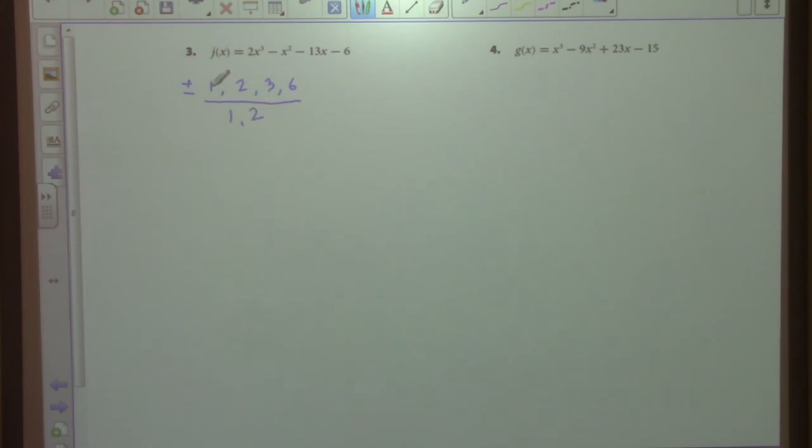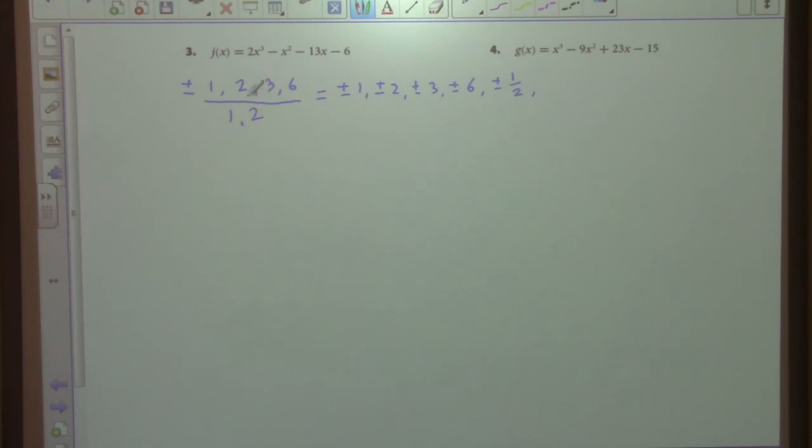So you get plus or minus 1, plus or minus 2, plus or minus 3, and plus or minus 6. Where do other potential factors come from? Division. Yeah, 1 over 2. So you can get plus or minus 1/2.